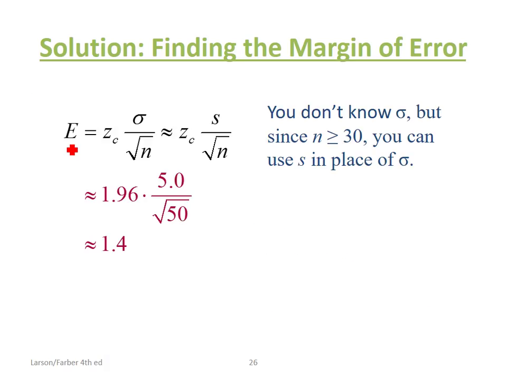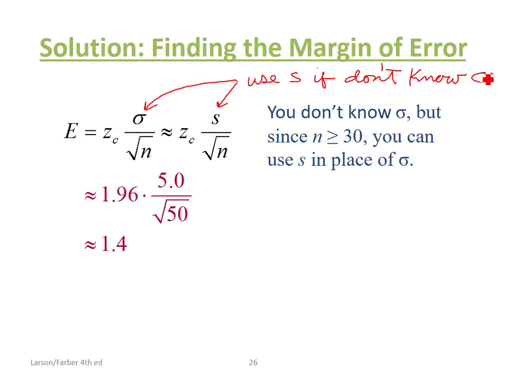We take this error, we find the error. Key idea here: a lot of times we won't know the standard deviation of the population. If we know the standard deviation of the sample, then we just use that. Use S if you don't know sigma.